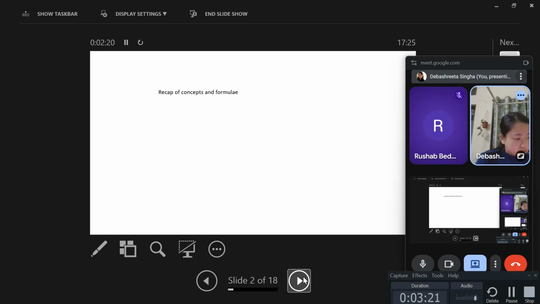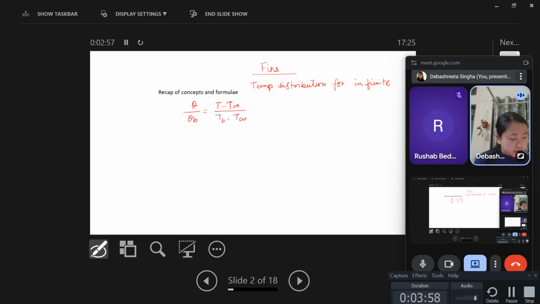So for fins, the temperature distribution, if the fin is infinite in length, we can write as theta by theta b is equal to T minus T infinity divided by Tb minus T infinity is equal to e to the power minus mx.